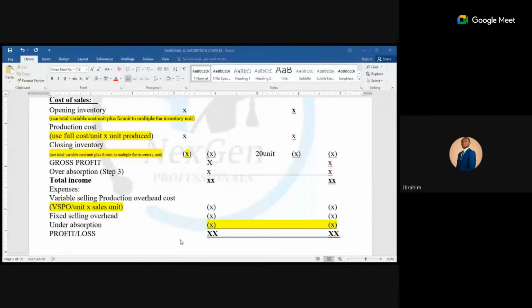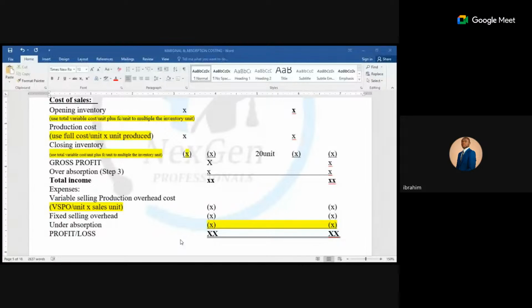Don't forget that this variable selling production overhead under marginal costing is a non-production cost. But since this is absorption costing, it is in line with the standard, in line with IAS 2, you can present it for tax purposes. So the variable selling is the expense you incurred in selling that particular unit.